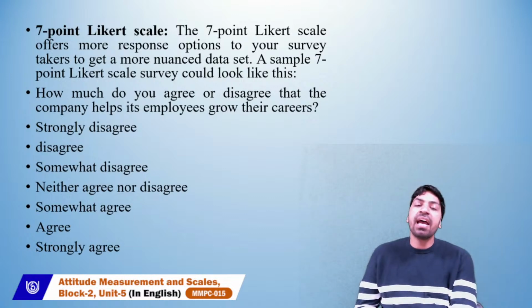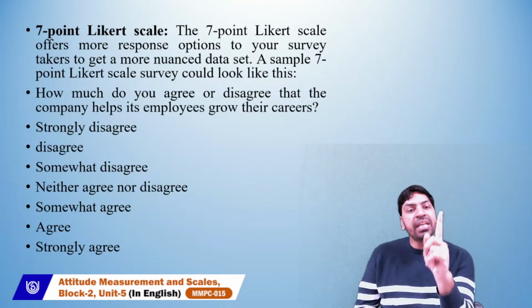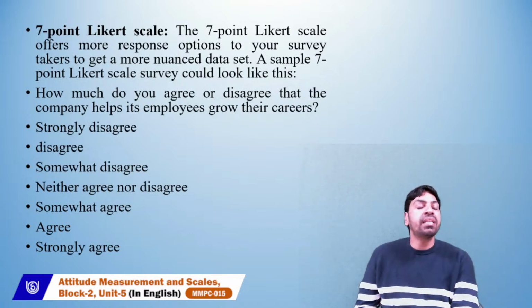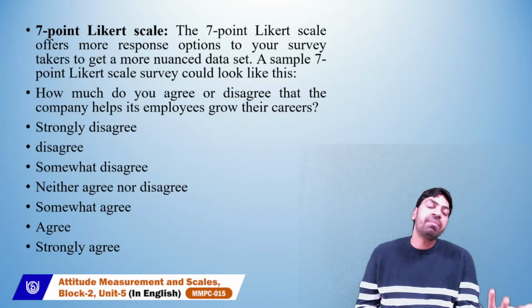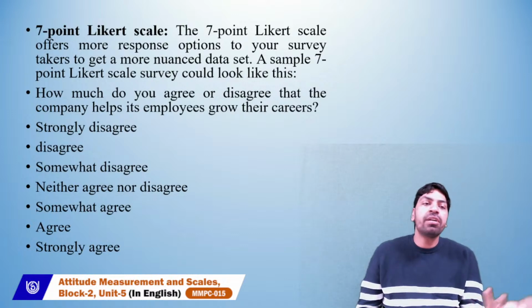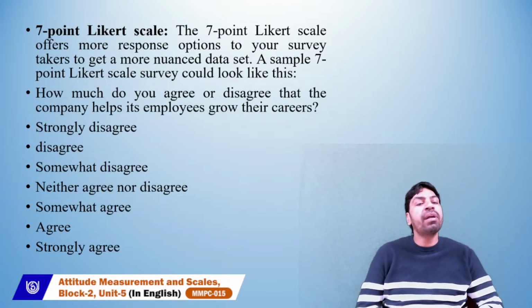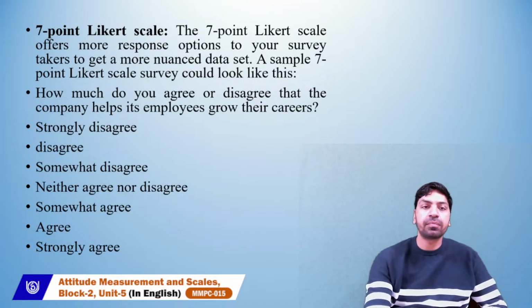Whatever order they have followed here is a descending order, beginning from disagree to agree. If it is agree to disagree, it would be an ascending order. That depends on the choice of the researcher which order to follow. Any order, ascending or descending, could be followed in the 7-point rating scale.